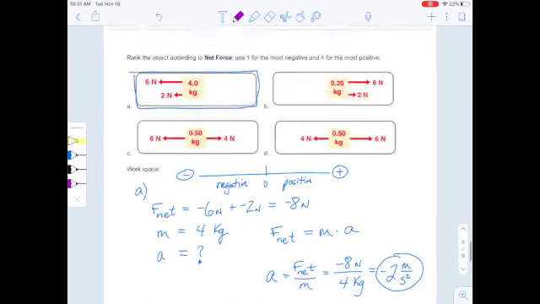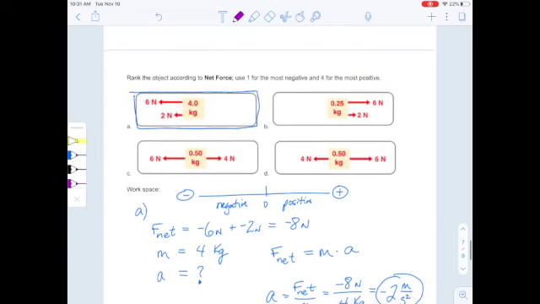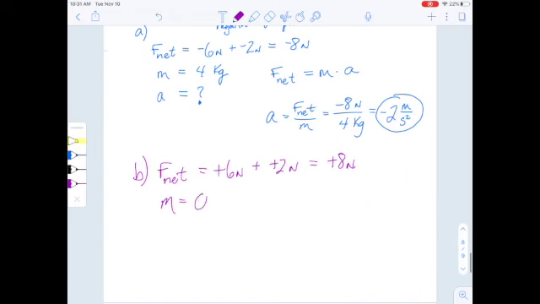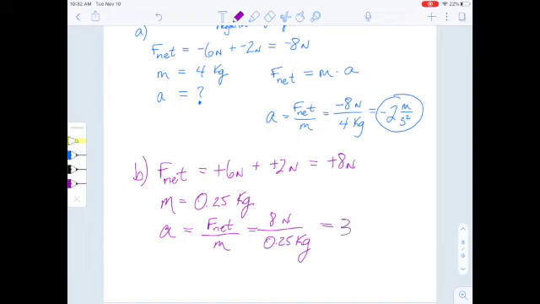My mass is 0.25 kilograms. I'll solve for my acceleration, which again is F net over mass, so I have 8 newtons divided by 0.25 kilograms, which gives me 32 meters per second squared.